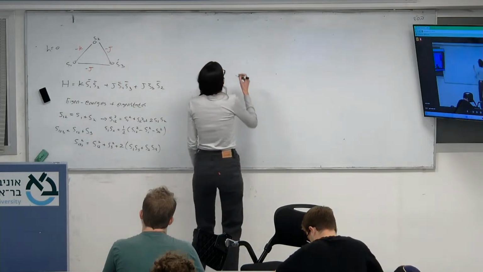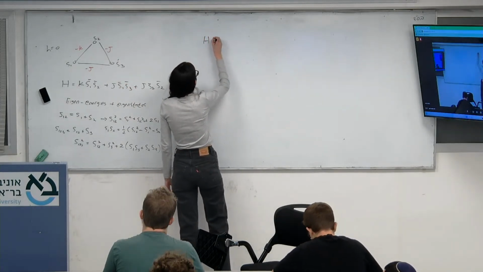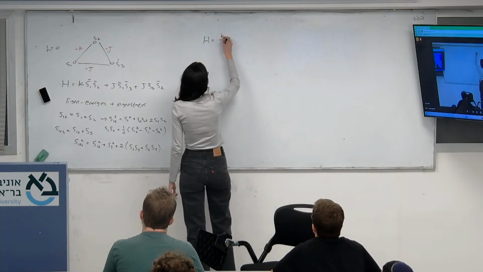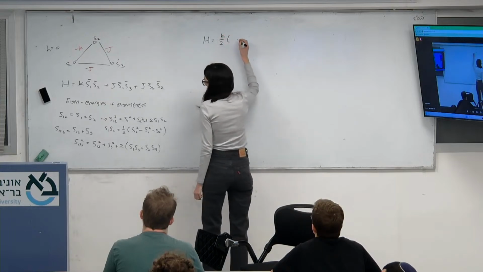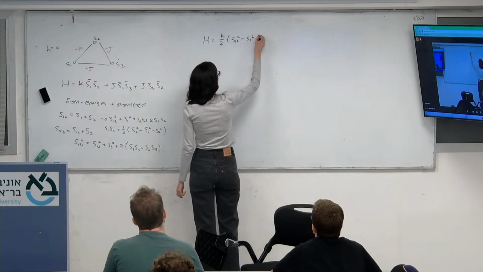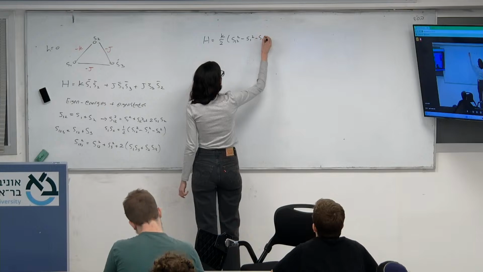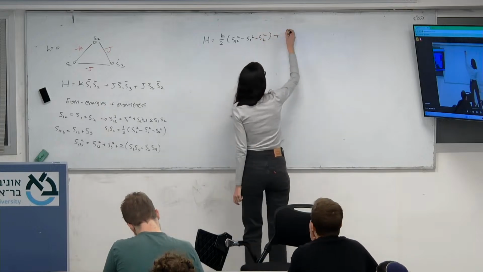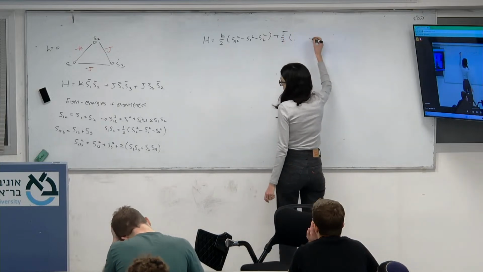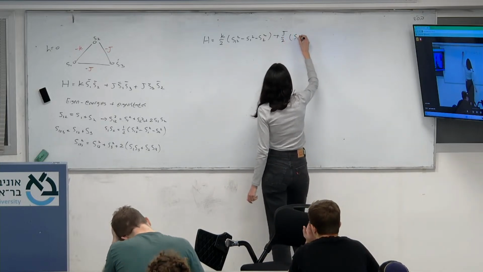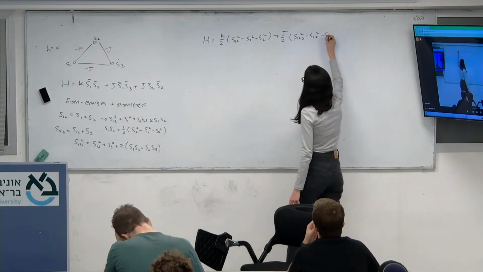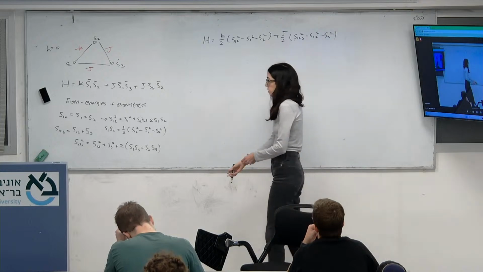So overall, we can rewrite the Hamiltonian as K over 2 S12 square, plus J over 2 S123 square minus S12 square minus S3 square.